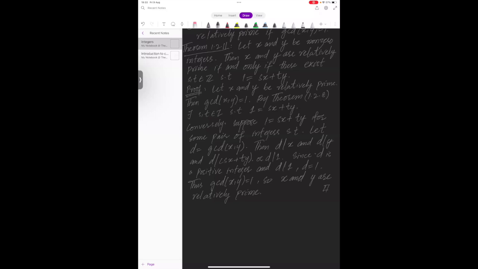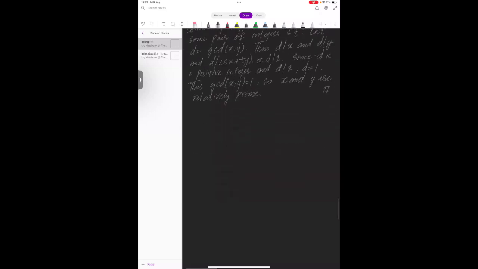Perfect. We have another theorem that says something similar, but quite important. We have three integers x, y, z, with the condition that x is not 0.